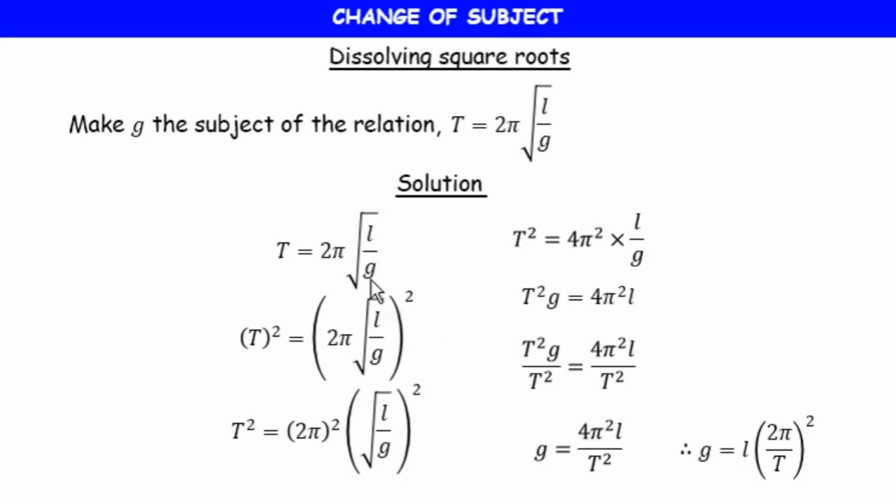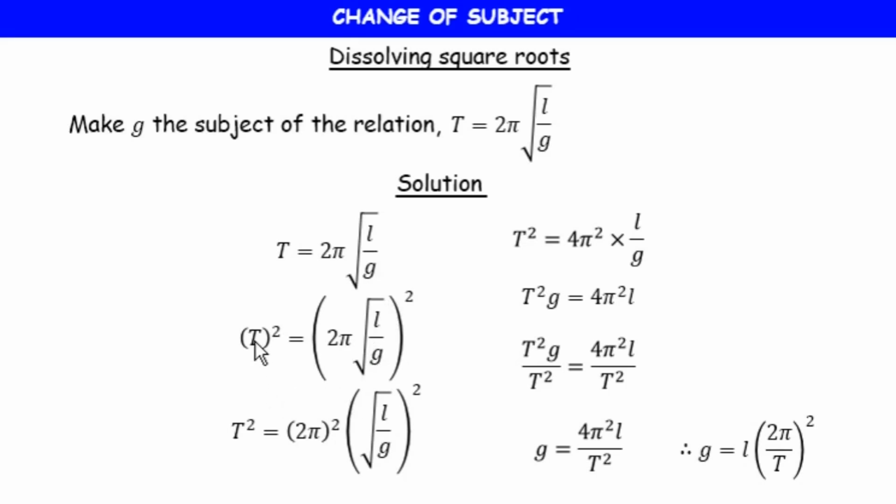Alright. So here the first thing is you are supposed to find the square of both sides, because what we want to make the subject is in the square root. It is caged inside the square root. So the first thing is you are supposed to square both sides.